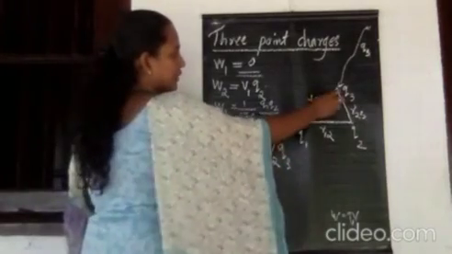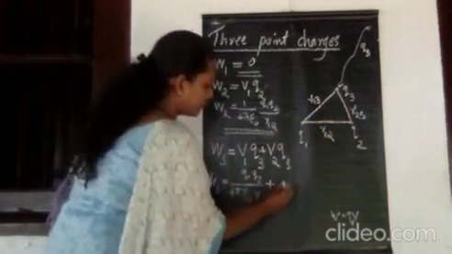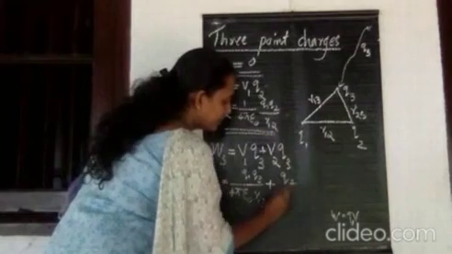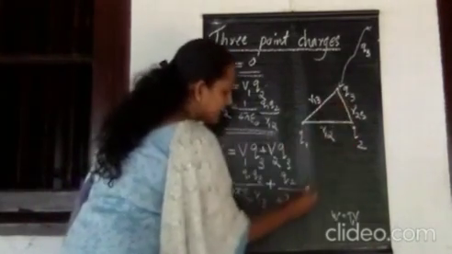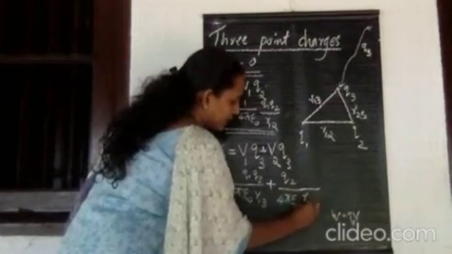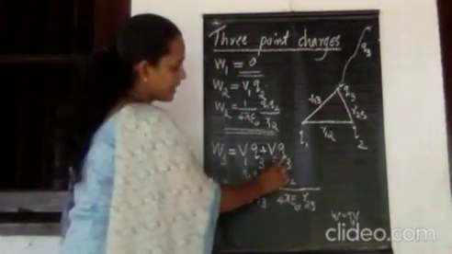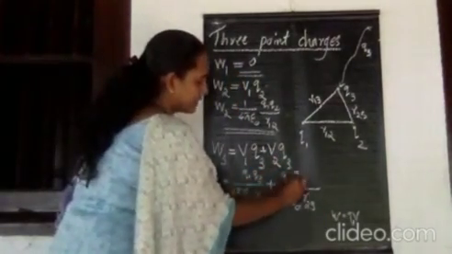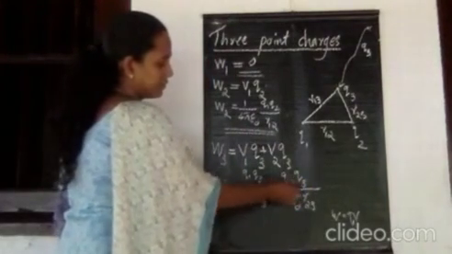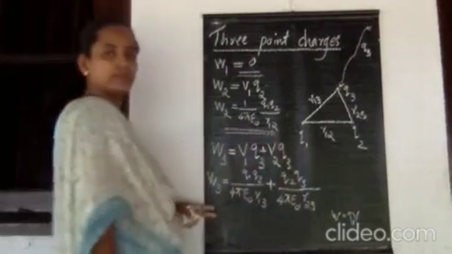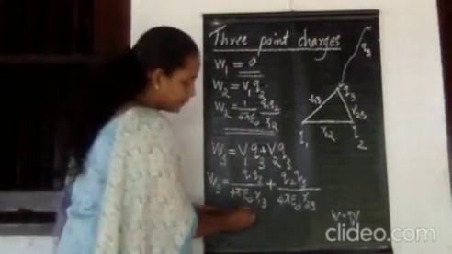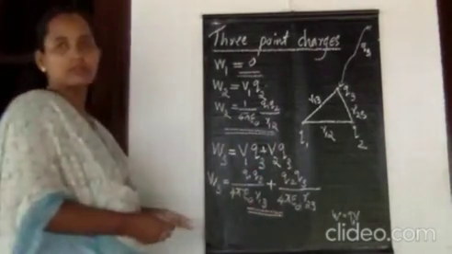What is V2? Potential at this point due to the charge Q2. That is Q2 divided by 4 pi epsilon 0 times the distance. The distance is what? R23. Into which charge? Q3 charge. That is Q2 Q3 divided by 4 pi epsilon 0 R23 itself. So this is the work done to bring the third charge.